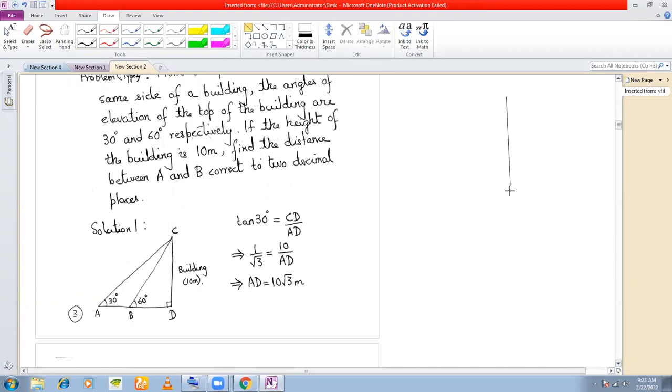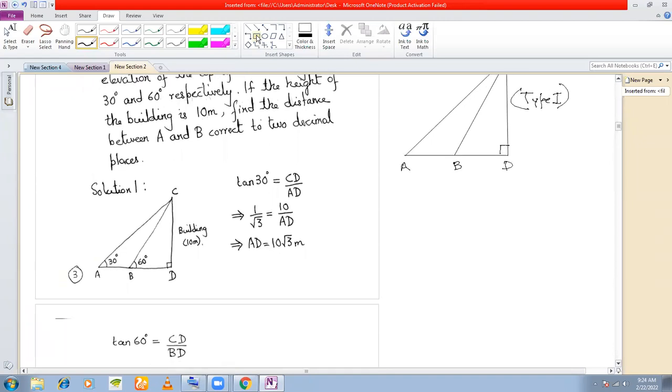This is the first type of figure that you will come across. This is one figure that you are going to come across. Okay, I have called this figure type 1 for your understanding. Another figure that you will come across is this kind of figure.